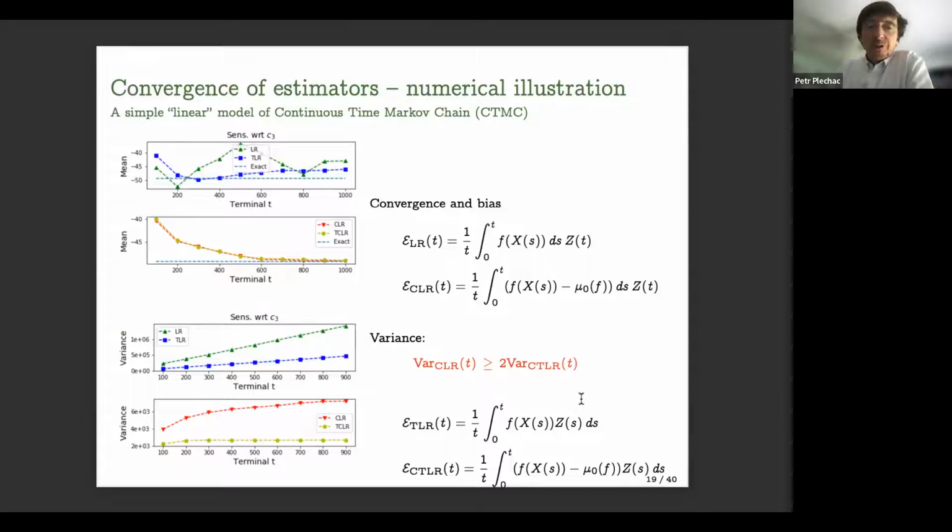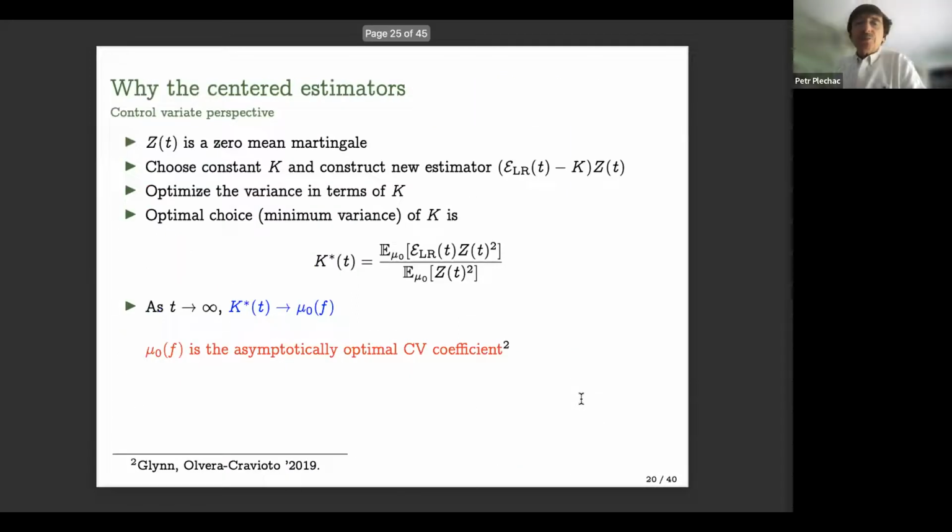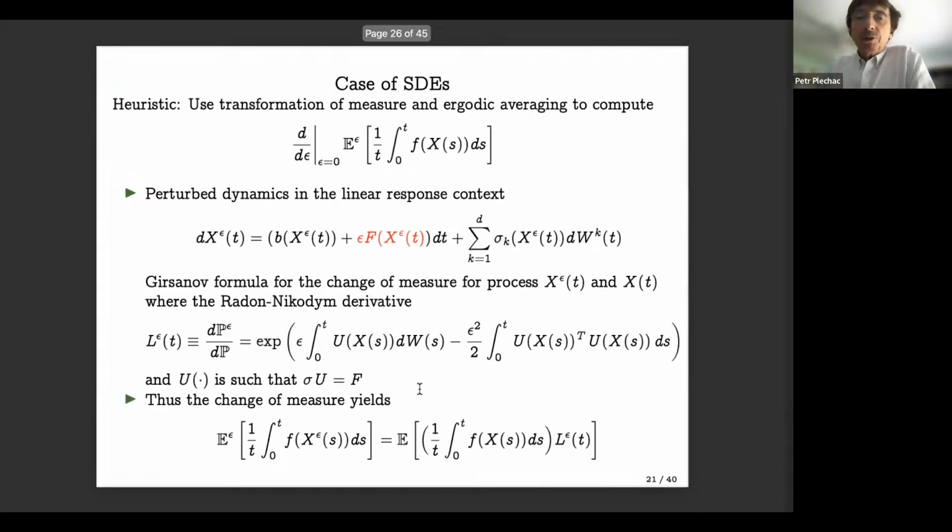There is also another, more mundane explanation why this centering is a good choice. It's actually the asymptotically optimal control variate for these uncentered likelihood ratio estimators for the sensitivity. So in some sense that is an optimal choice.